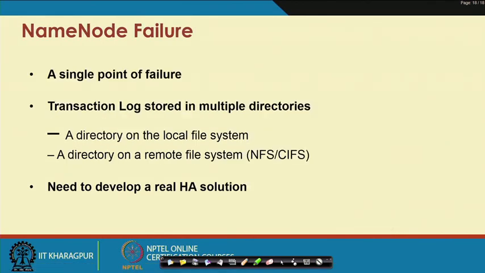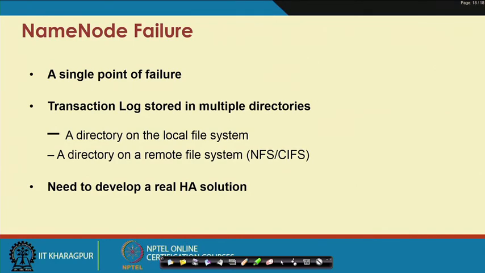The single point of failure for the HDFS file system is the name node. If any of the data nodes fails, the whole HDFS file system is immune to that, because there are many data nodes, and any particular block is written onto 3 data nodes, or whatever the replication factor is.